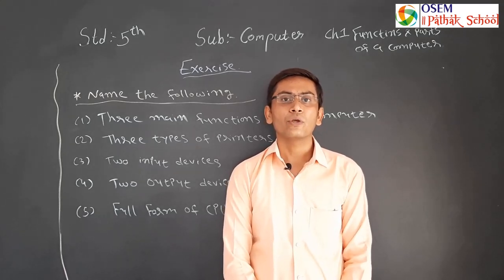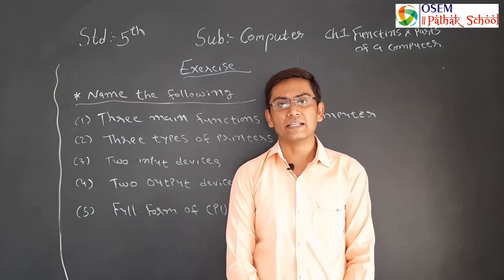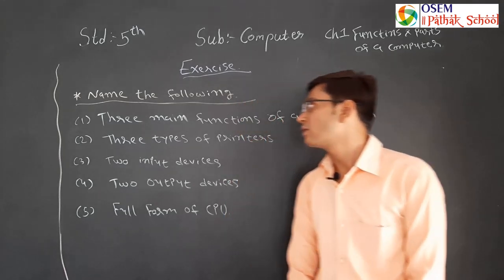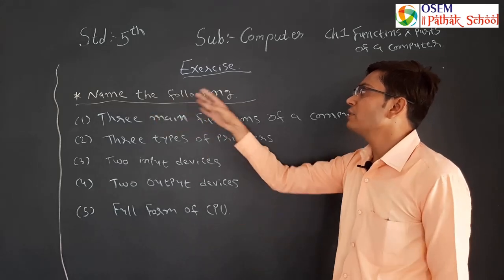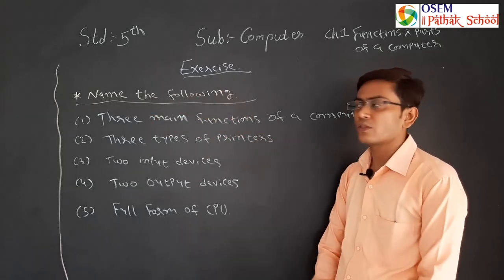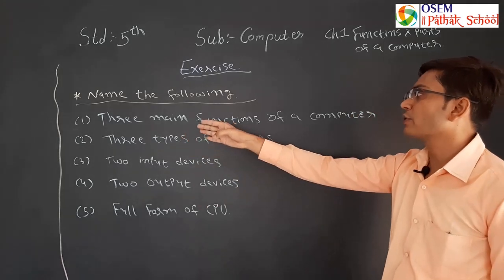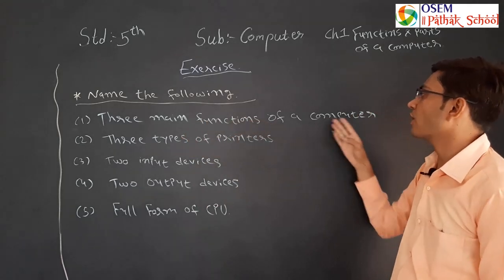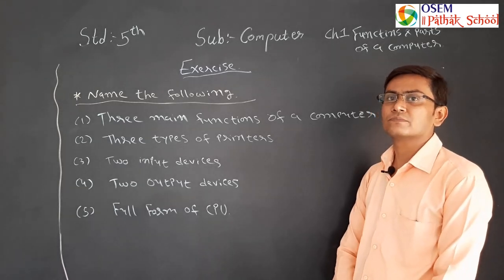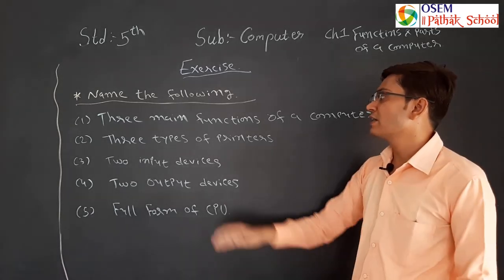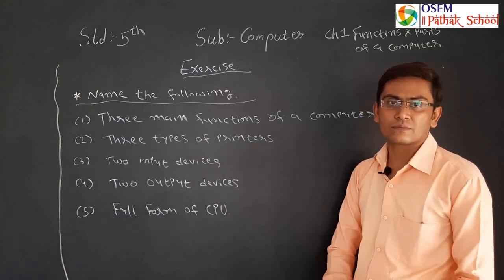So now you can easily solve this exercise. In that you have to give name of the following. The first one is you have to give three main functions of a computer which we have already discussed. Second one is three types of printers.